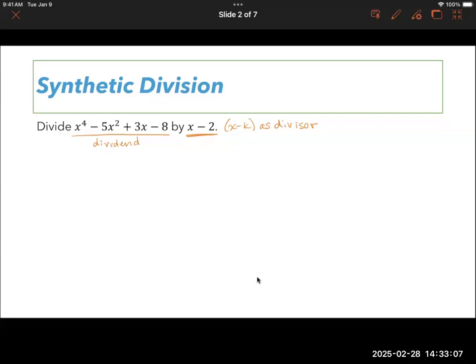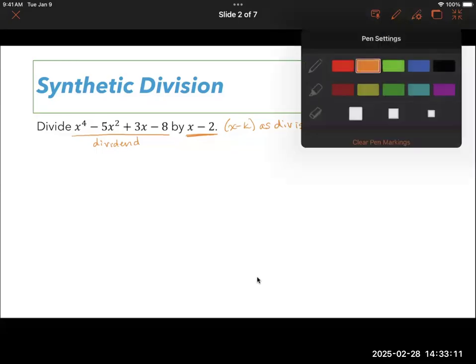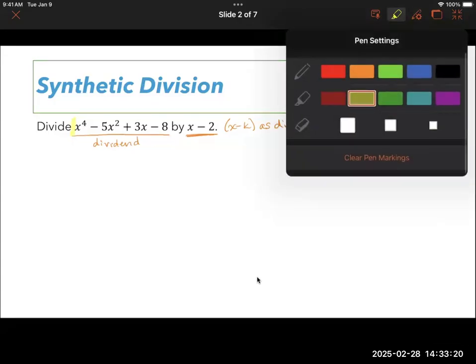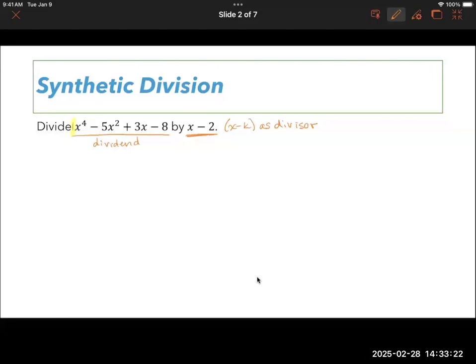So to set up synthetic division, we start by taking the coefficients on each of our terms. Technically the coefficient here for x to the fourth is a 1. And then we have the coefficient of negative 5 on x squared, the positive 3 on x, and the negative 8, which is our constant.